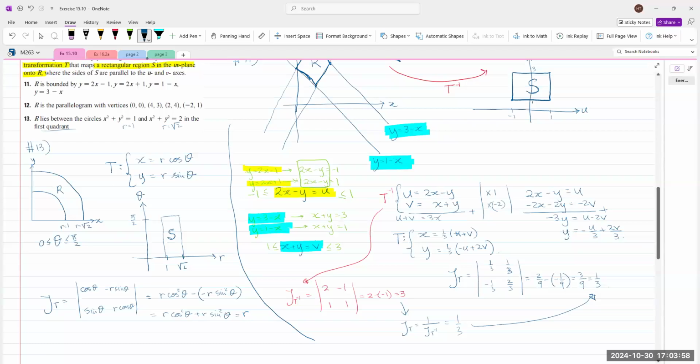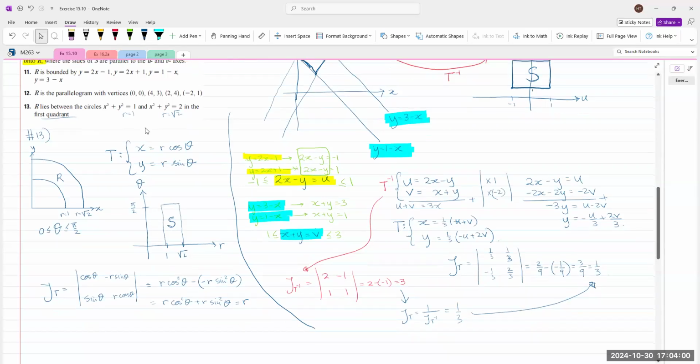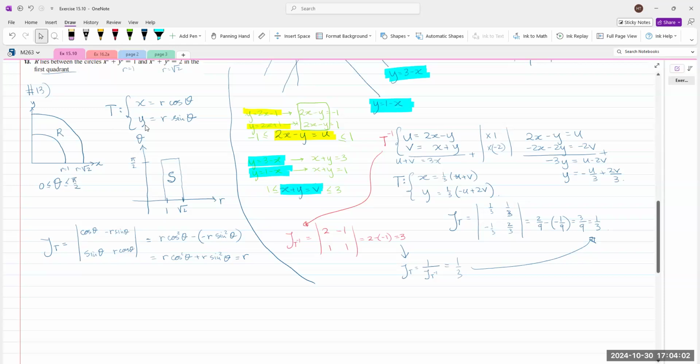And if you remember, when we convert from rectangular integration to polar integration, we have an extra r here. We have r dr d theta, while in rectangular we have just dx dy or dy dx.